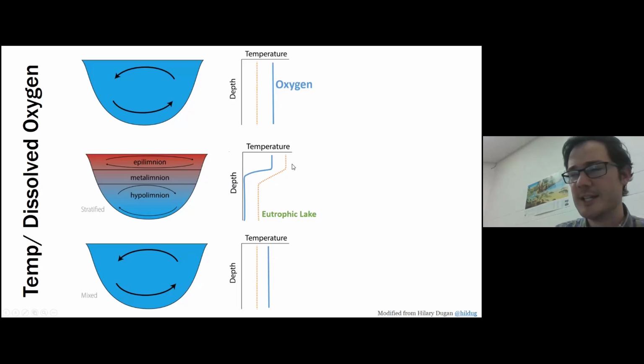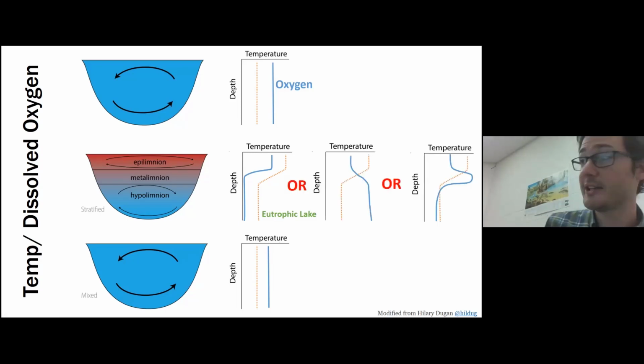So what else do we see, again, in these idealized figures? We could see something like this. This is what we can see in an oligotrophic lake. So we have our temperature again, and it's showing it's stratified. And then what we see is a lot of oxygen below, actually even more oxygen below than we see above. And that's because cold water can hold a lot of oxygen.